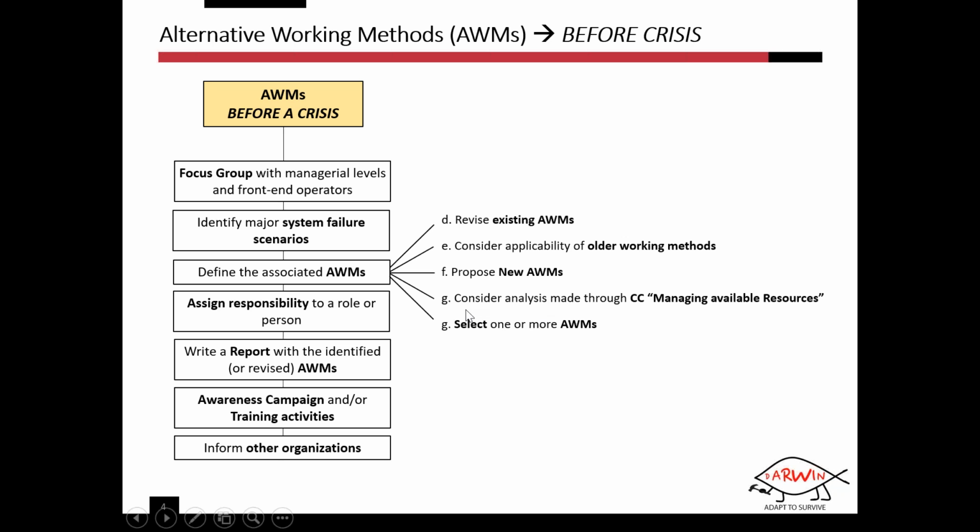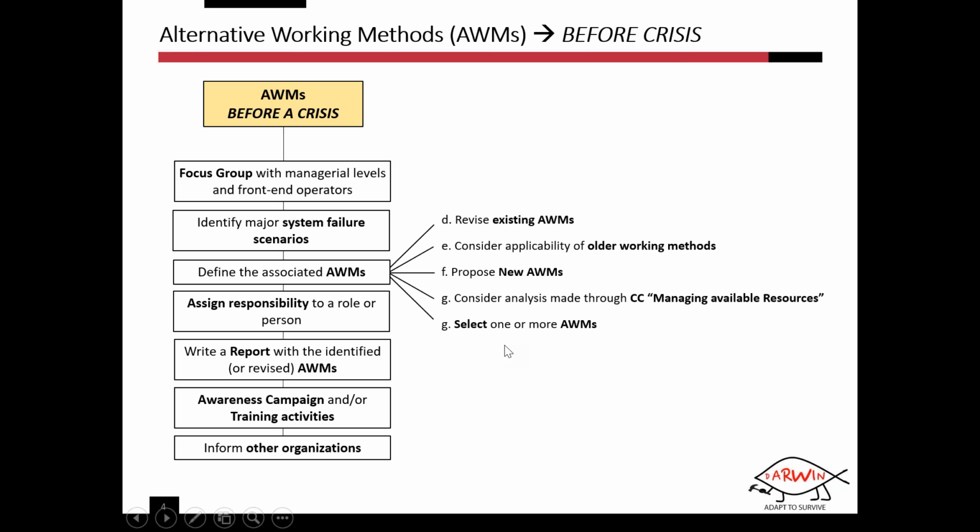Or this analysis can be based on the use of another card of the DARWIN Resilience Management Guidelines, so the card that was discussed in a previous webinar, the one about managing available resources. So the analysis made by this card can influence also the identification of alternative working methods.